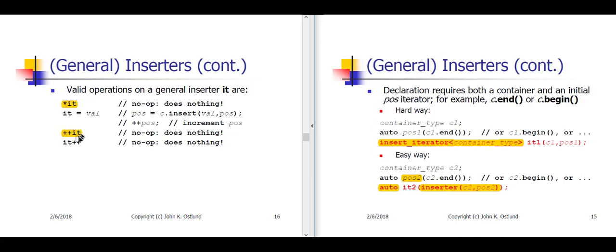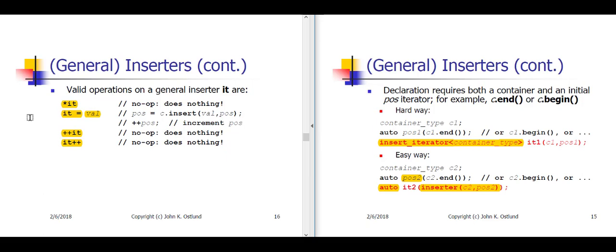Likewise, increment of the inserter, whether it was a post-increment or a pre-increment, does nothing. And then the notation inserter equals value was interpreted either as container.push_back of some value or container.push_front of some value.